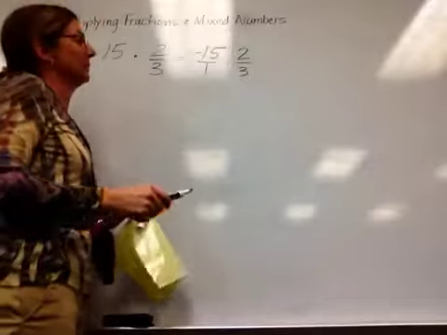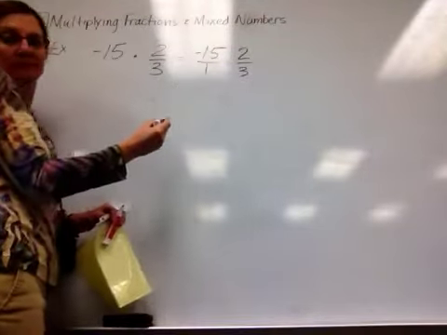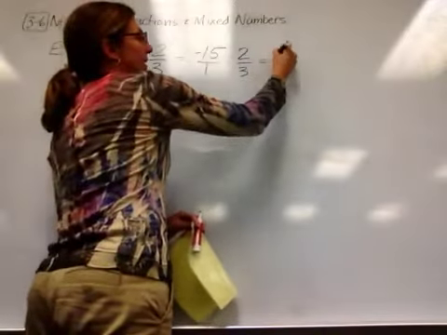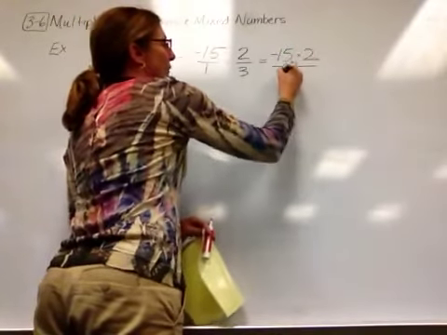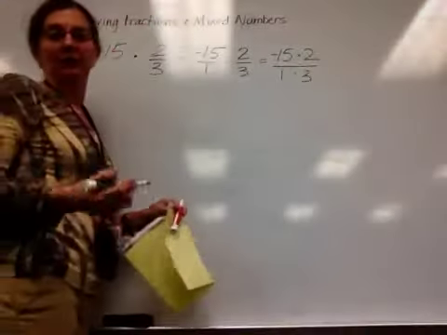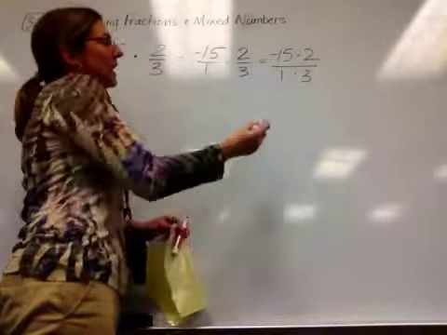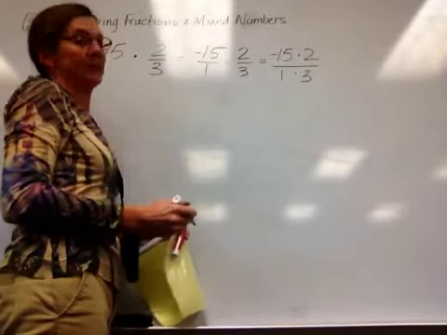But before we do that, do you see a factor in 15? If I rewrite that as negative 15 times 2 over 1 times 3, which I really don't need to put the 1, but that's okay. Negative 15, can I break that down into 2 factors? Absolutely.